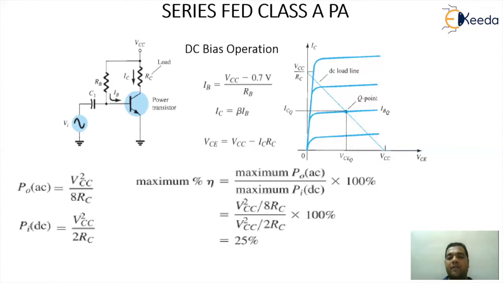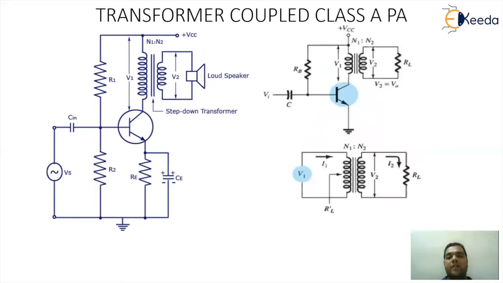On substituting the values, the efficiency comes as 25%. So if you observe, the losses are on the higher side because you are getting 25% efficiency. To boost the efficiency of the class A circuitry, the circuitry was modified and converted into a transformer coupled class A power amplifier circuitry.